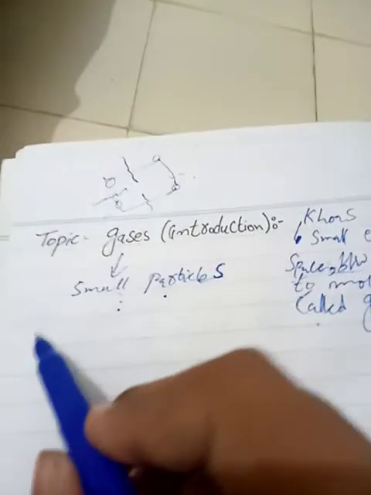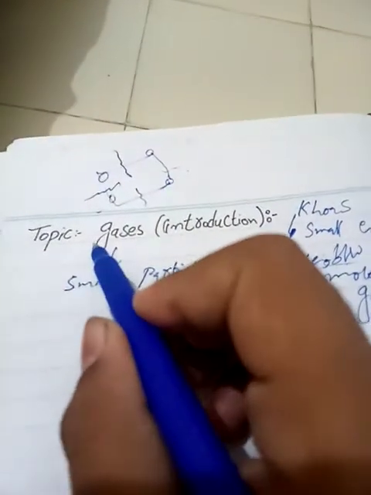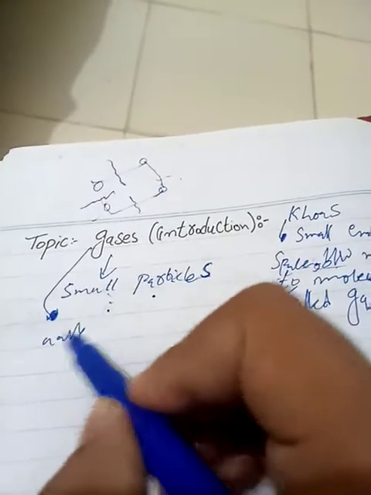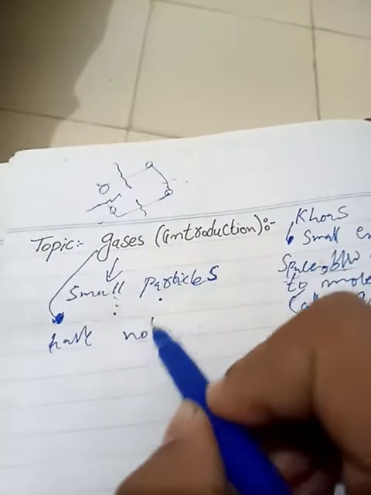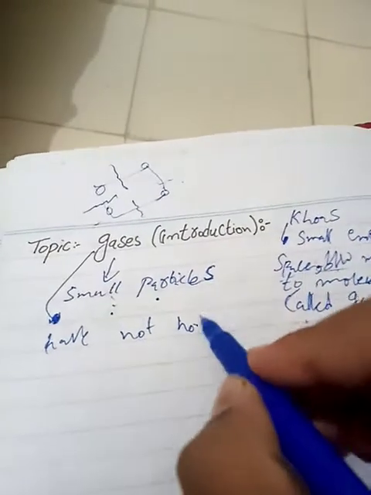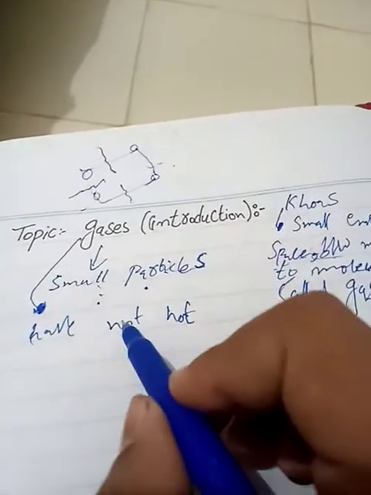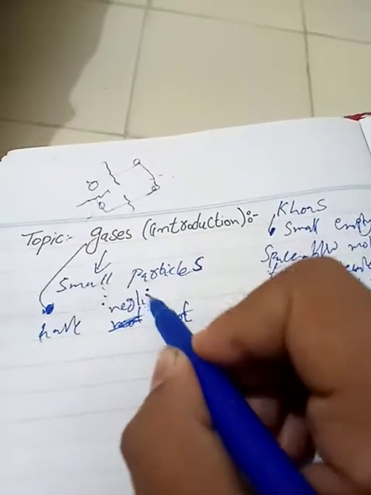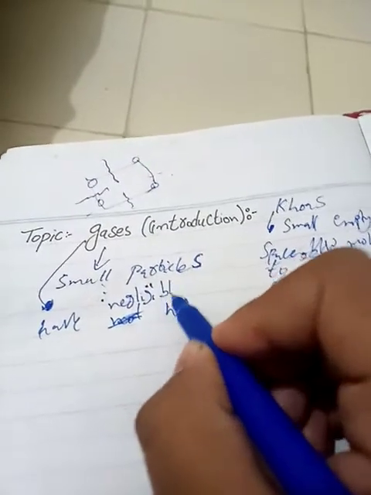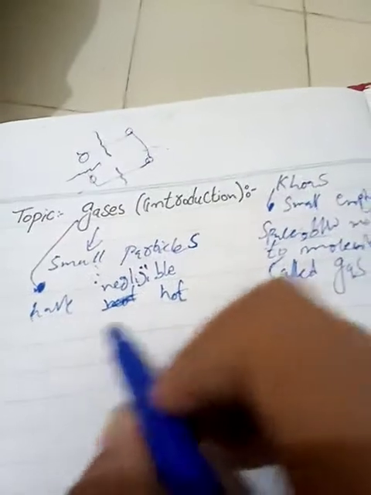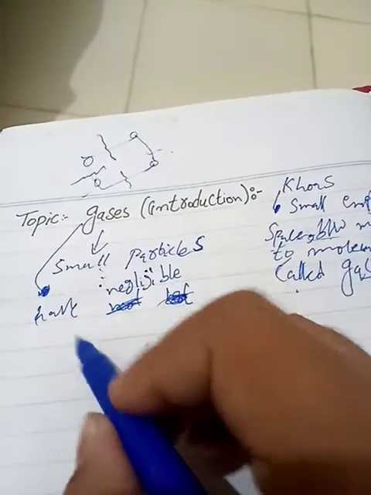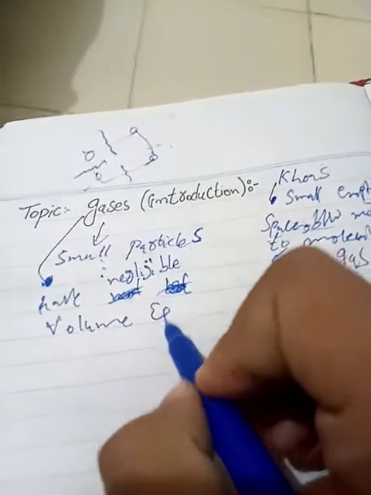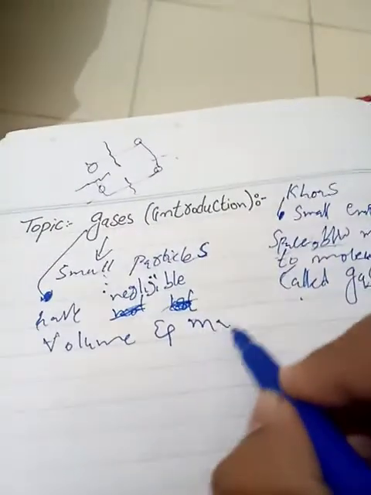Okay, so gases have negligible volume, instead of writing "not" you can say negligible, and have negligible mass.